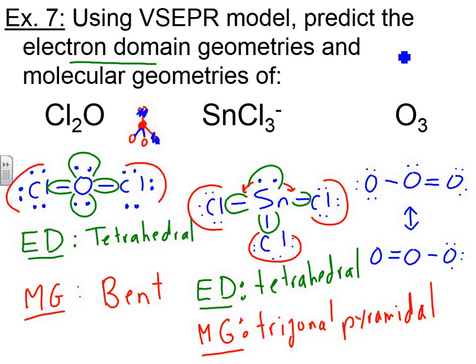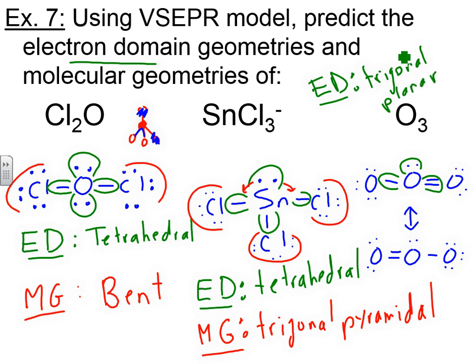Okay, so now the question is, what is the electron domain geometry? Let's do it up here for ozone. The electron domain geometry, in this case, has 1, 2, 3 areas of electron density, and that is called trigonal planar. This was the second category that we've seen.